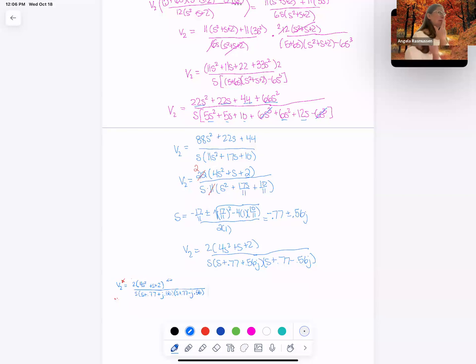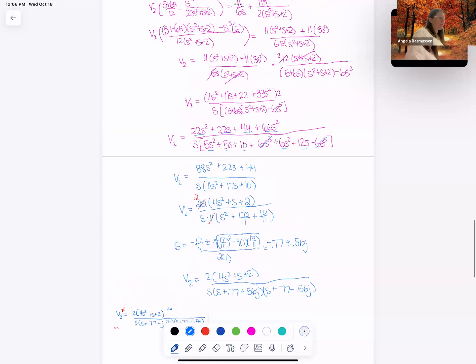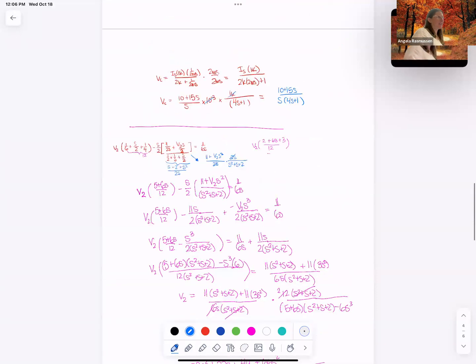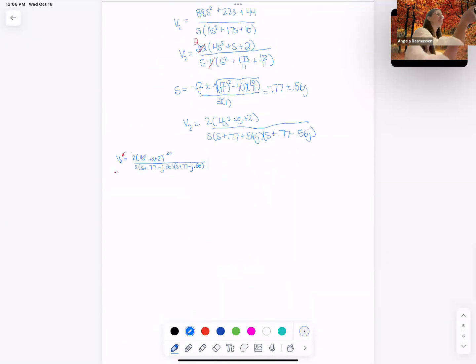Okay, questions? It's good exercise to go through these algebraic challenges and then use an online calculator to help you get there.